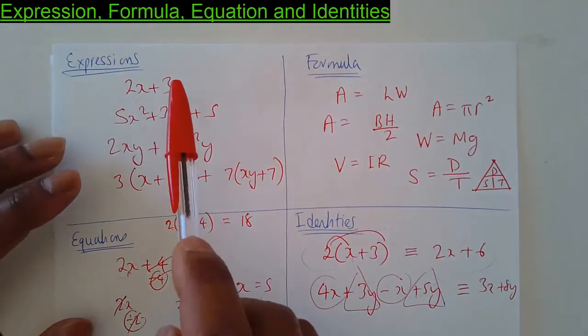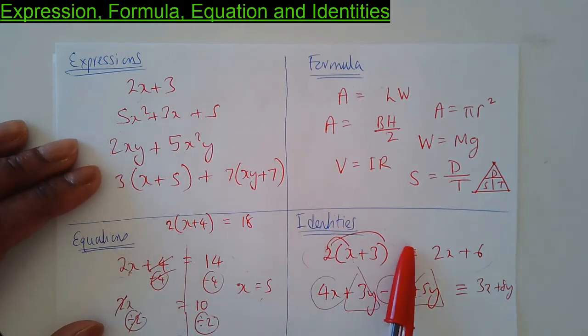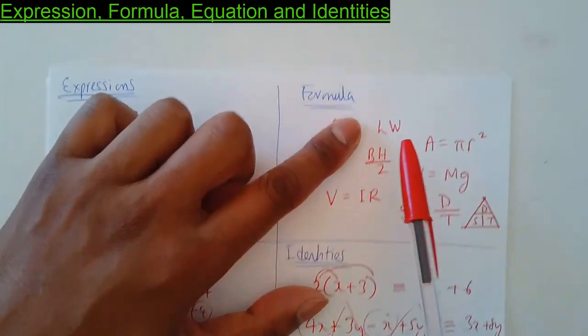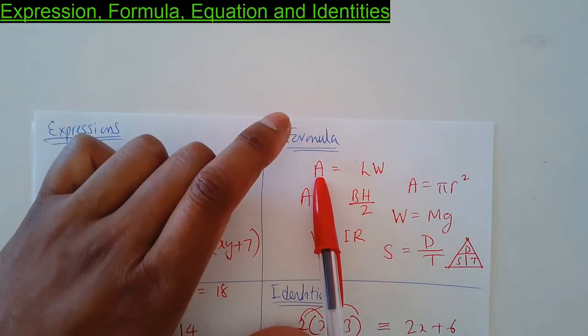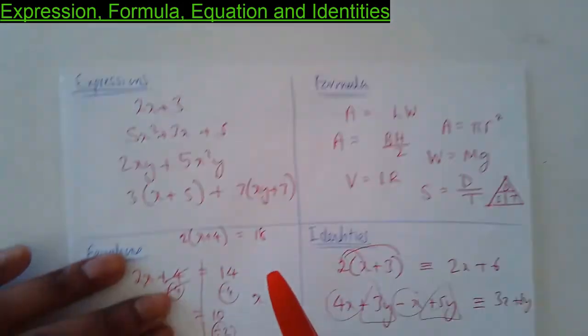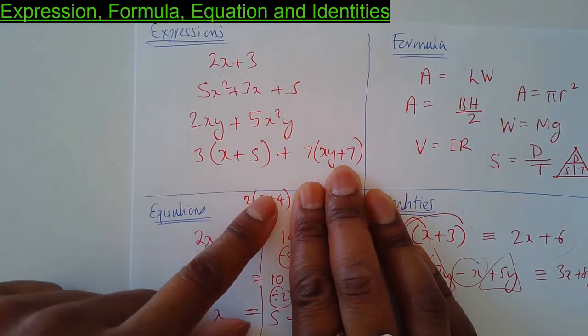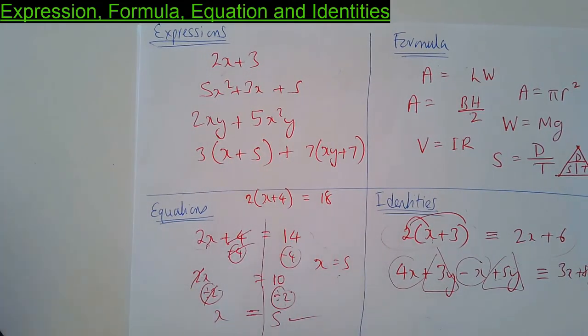Right. An expression is when there's no equal symbol, no identity symbol, it's as it is. So if you look at the formula side, that there is just an expression, but with that it becomes a formula. Here, look, for an equation. That itself is an expression, but when you have it this way, it becomes an equation.